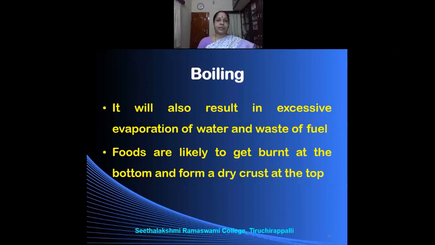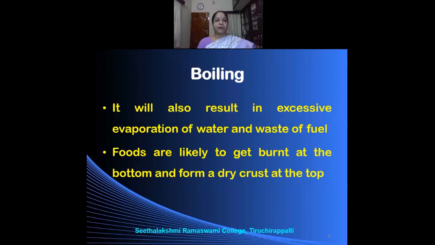When the food is cooked in the vigorous boiling mode, the food may be overcooked and may not be very palatable. It will also result in excessive evaporation of water and waste of fuel. So this is not required. You can bring it to the vigorous boiling mode and after a few minutes, the temperature can be reduced so that the food will be cooked to the required consistency.